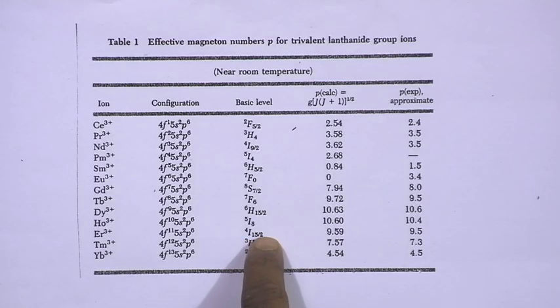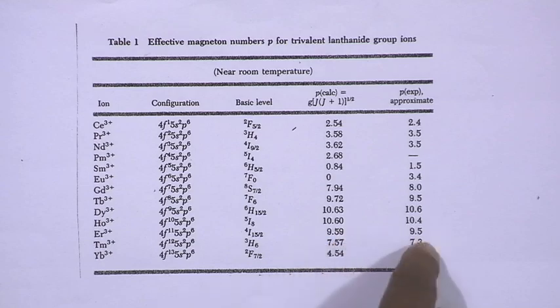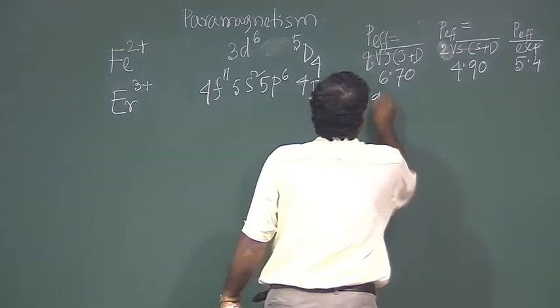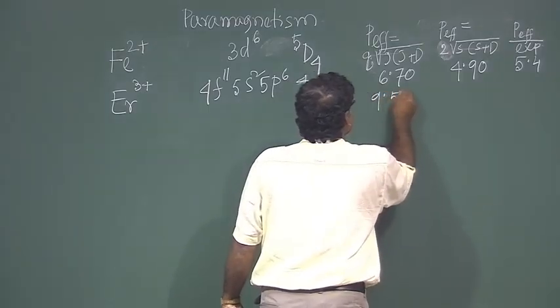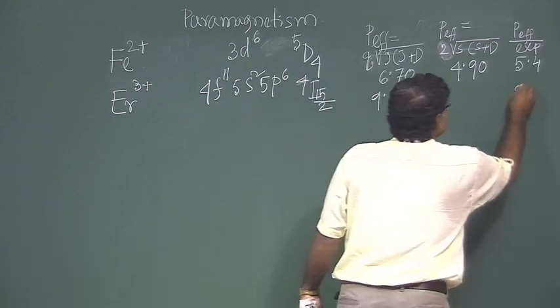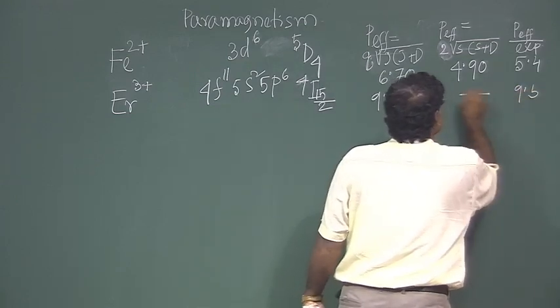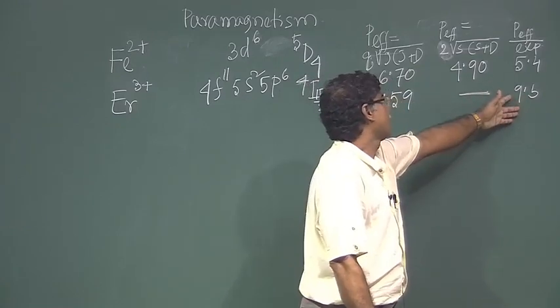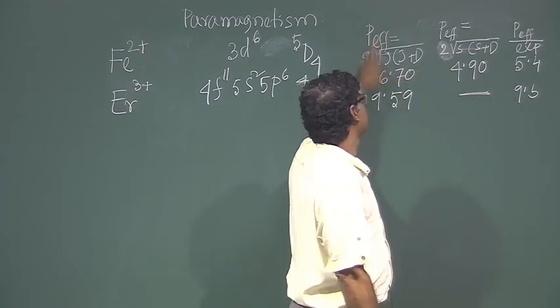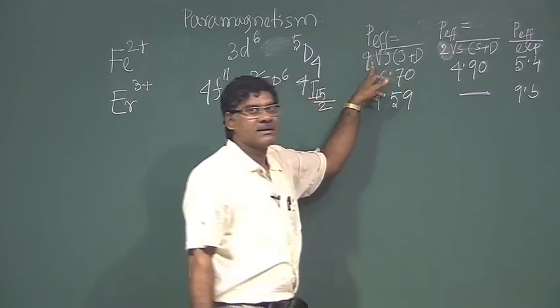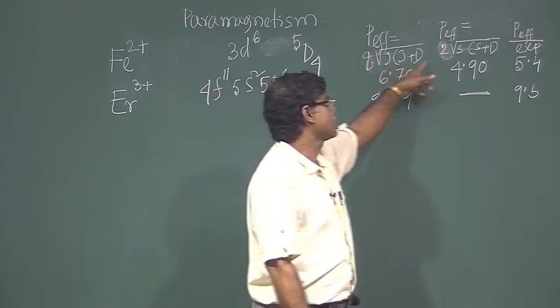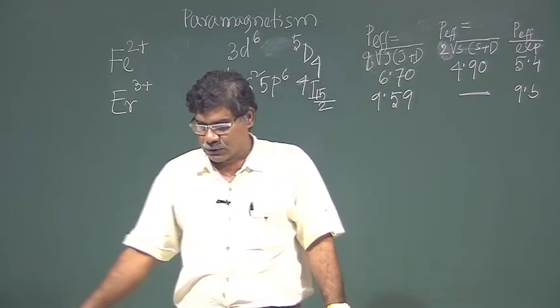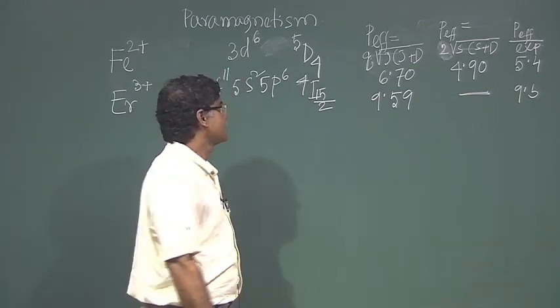This calculated value is 9.59 and this is 9.5. So all values are well matching with this gJ square root of J plus 1.